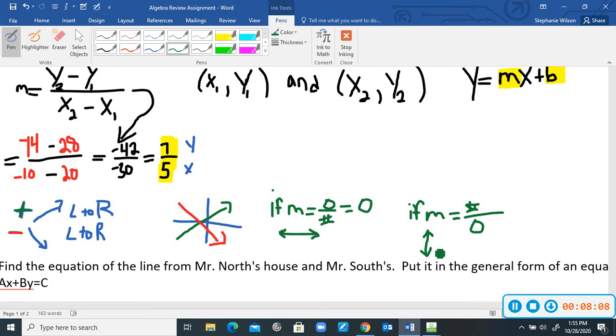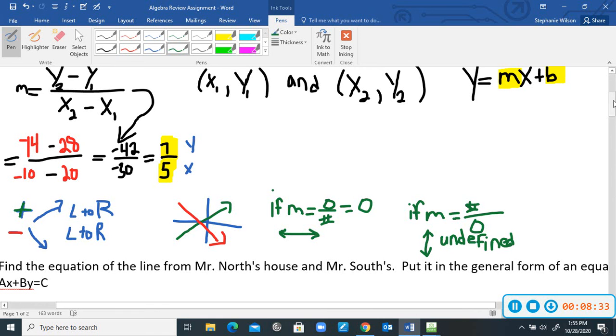The answer is no. So anytime the denominator has a 0 in there, then it's a vertical line, and it's undefined. It's an undefined slope. So I want to finish up solving for this line here. Undefined.